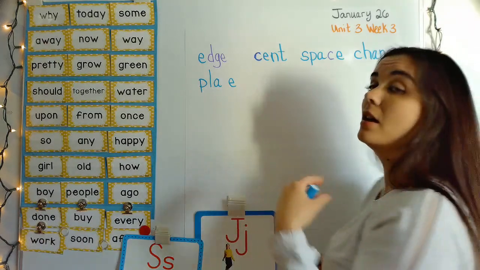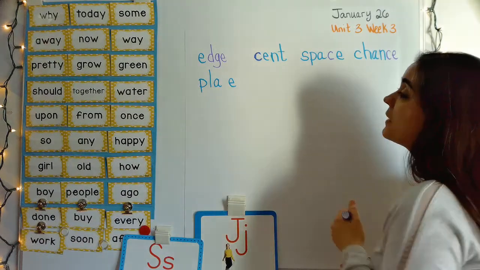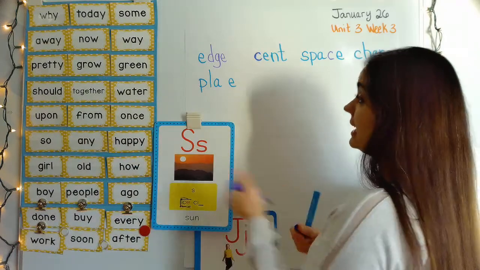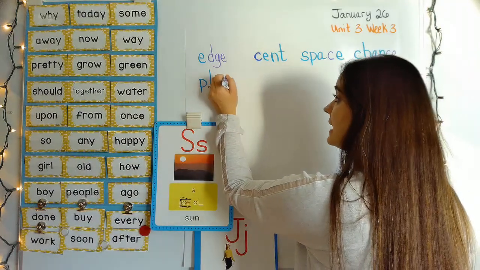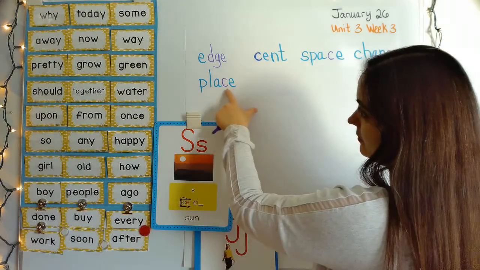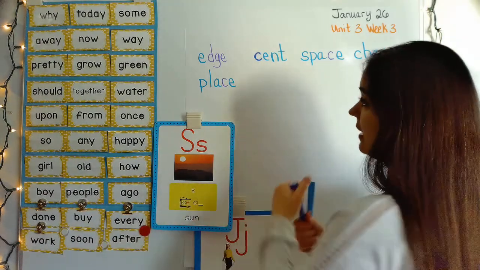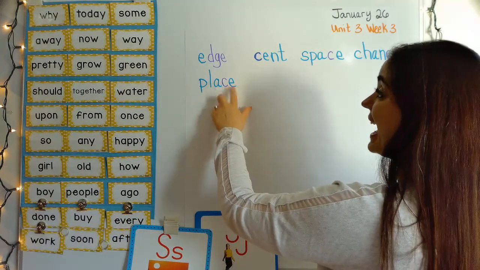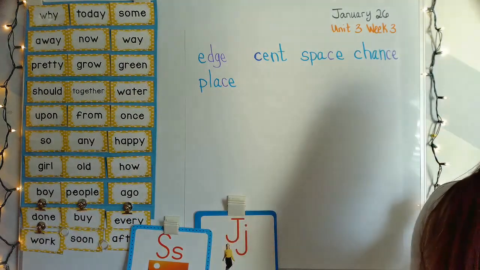A blank E, long sound. Okay? And that blank is the soft C. So it says S. And so CE is the way that we can spell that. Okay? So let's blend. Whole A place.